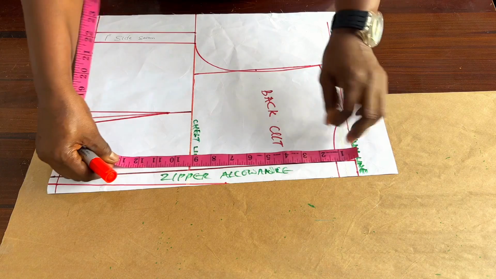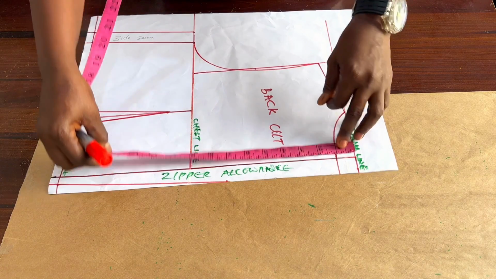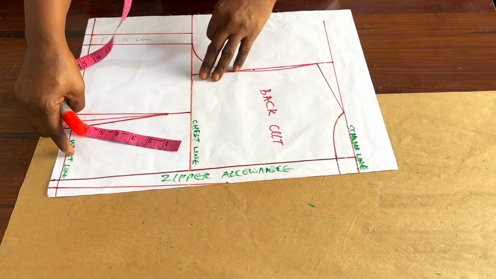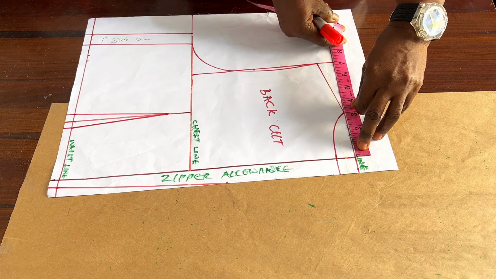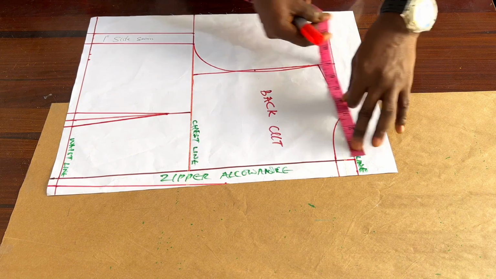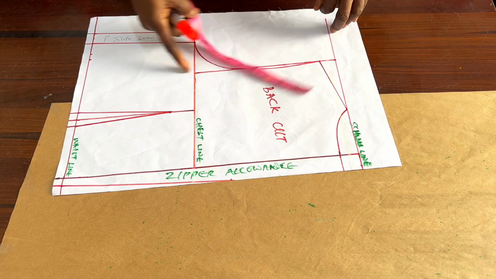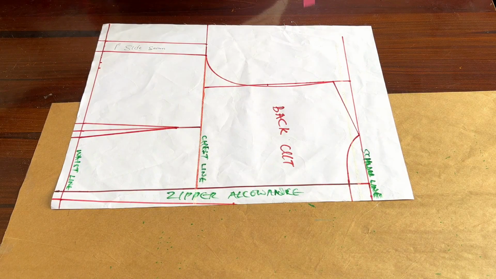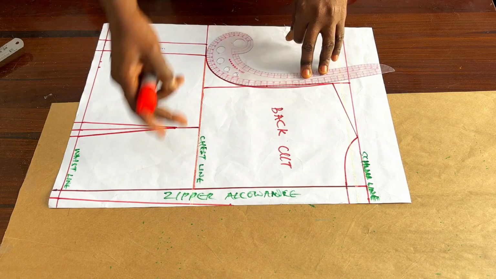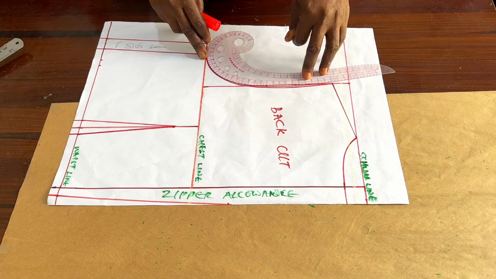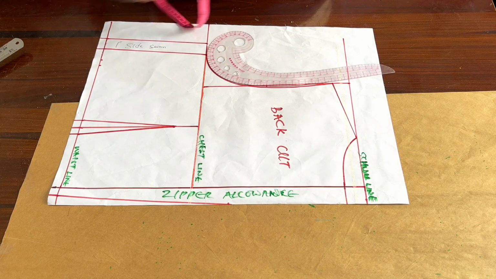So then this is a chest line of 9 inches, waistline, shoulder line. Then I get my 7 inches shoulder length. I get it here and I connected it with a straight ruler. So thereafter I get my armhole cuff after measuring my bust circumference.